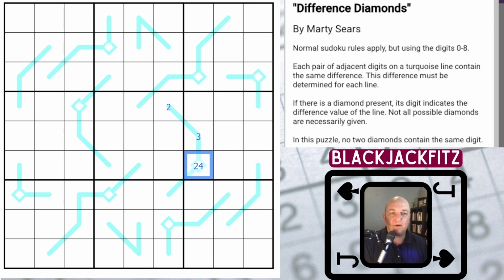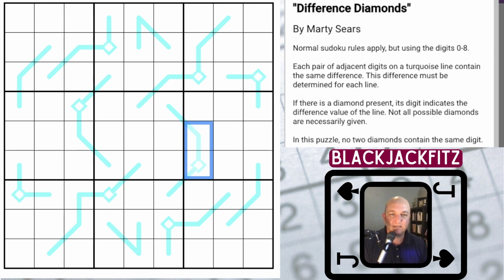If there's a diamond present, its digit indicates the difference value of the line. Not all possible diamonds are necessarily given. Right, so if this is a 2, then this digit would have to be a 4, because it's saying that the difference on this line is a 2. And I guess it could be 0, couldn't it? So that could be 0 or 4 in that case, right?